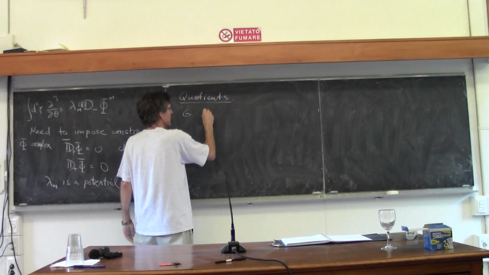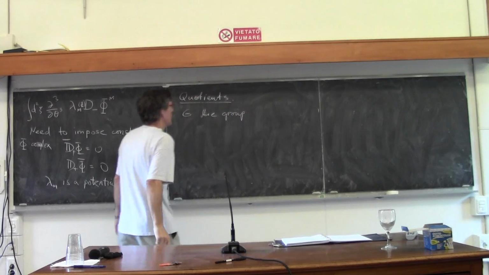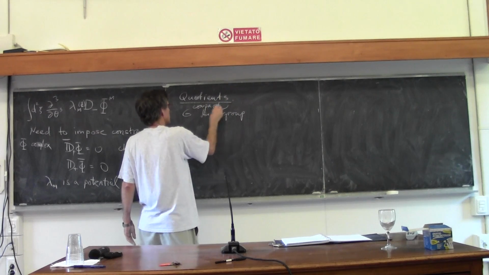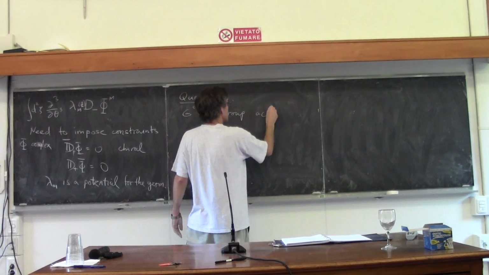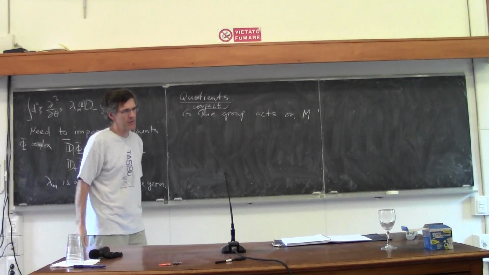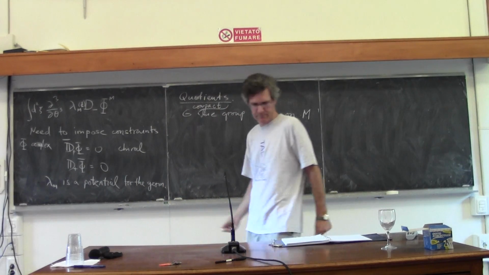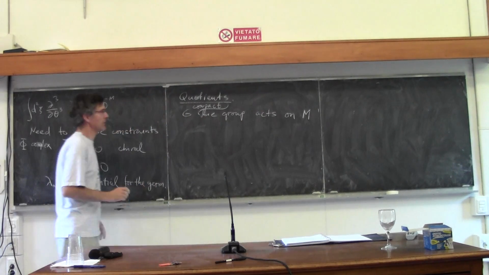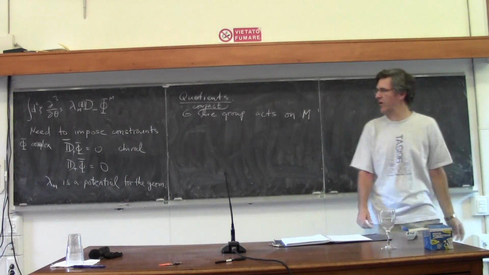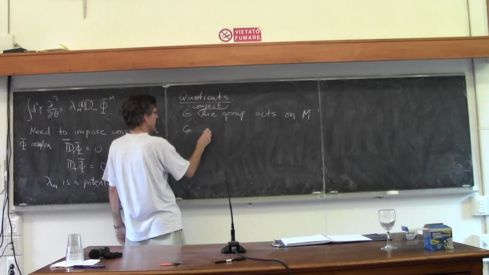So let G be a compact Lie group that acts on a manifold M. In general, the action of G on M could be pretty wild, but let's assume that G acts freely, so there are no fixed points.